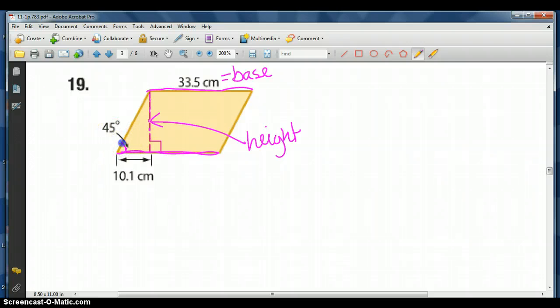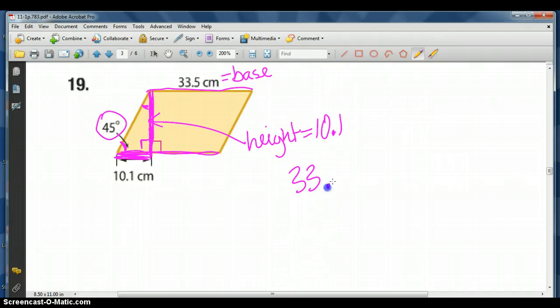We notice that we have a 45, 45, 90 triangle, even though it doesn't look like it is. It says that right here. So in a 45, 45, 90, the legs will be congruent, even though this is not drawn to scale. This is 10.1. Therefore, this is 10.1, and that's what we need to know.